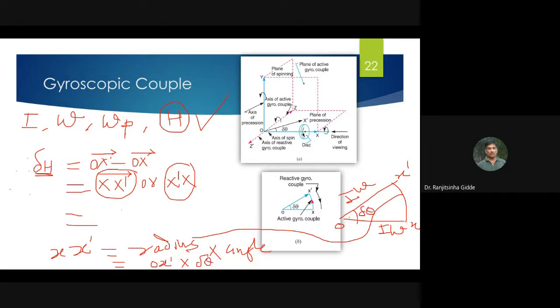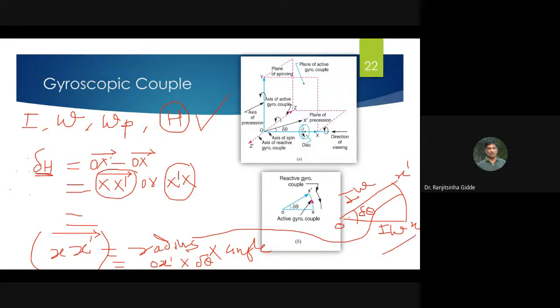So next line you can write from figure B: arc length, in bracket, vector x prime, is equal to radius into angle subtended.